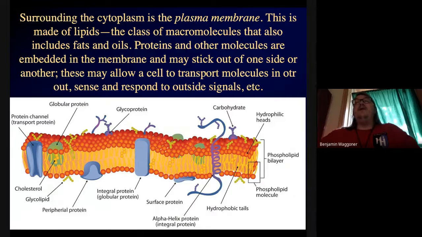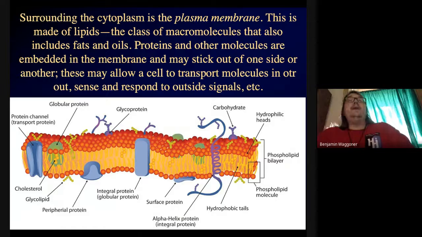Do not try to memorize all of the stuff that's here on the diagram. What I want you to see is that proteins and other molecules are actually embedded in the membrane. They may stick out of one side or the other or both. So at the far left of this diagram, this thing labeled the protein channel, that's a tube-shaped protein that can open and close to let some substances into the cell, but not others.